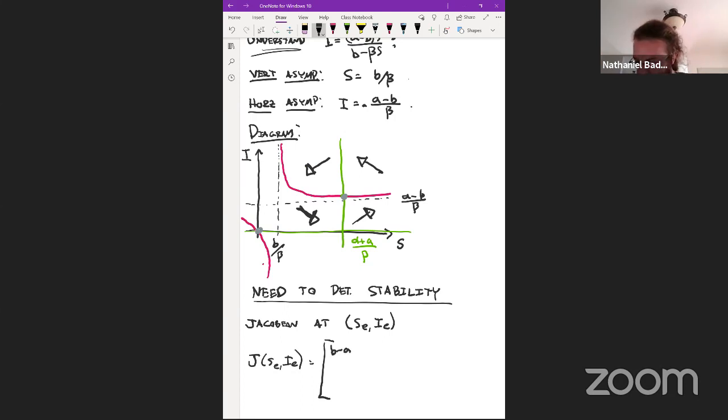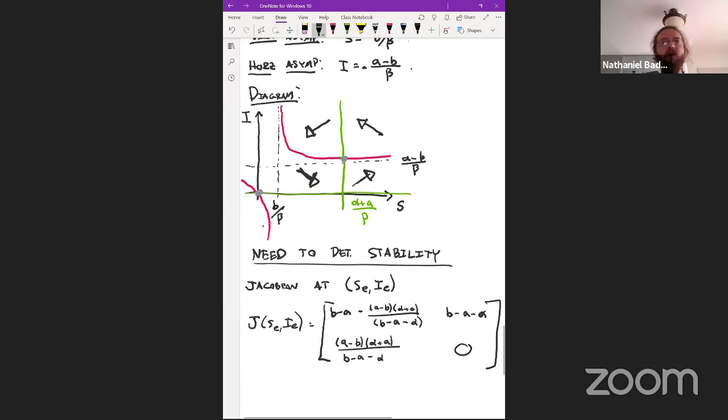B minus A, minus A minus B alpha plus A over B minus A minus alpha, B minus A minus alpha, A minus B alpha plus A over B minus A minus alpha, 0. Okay.